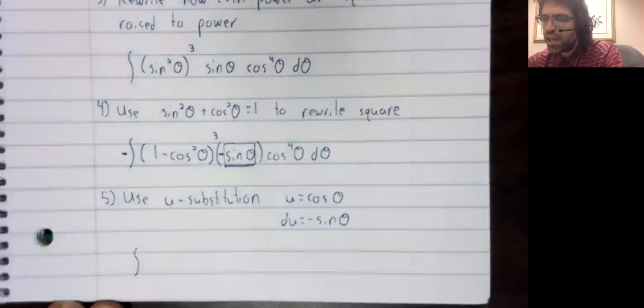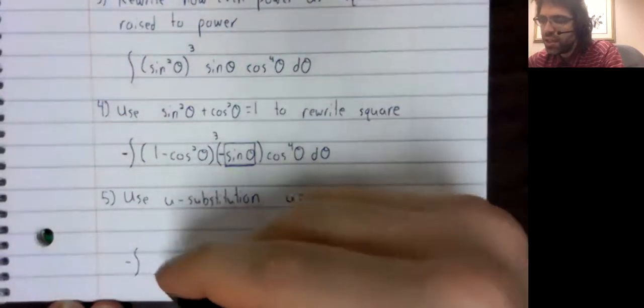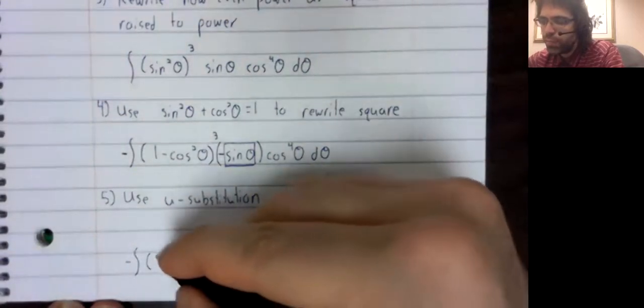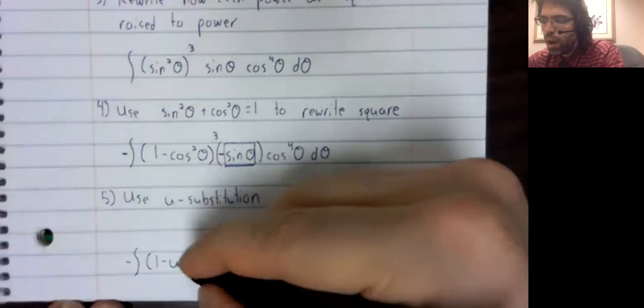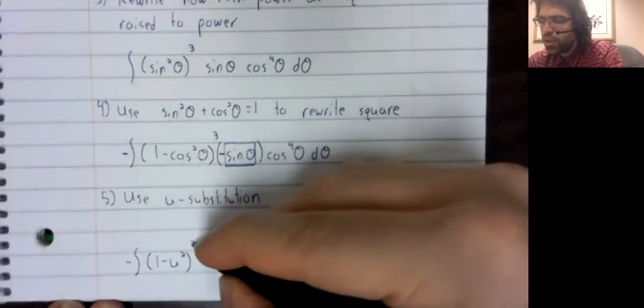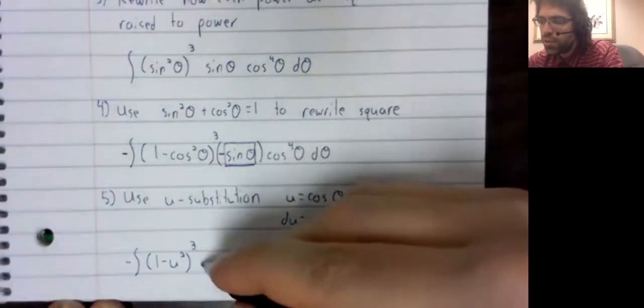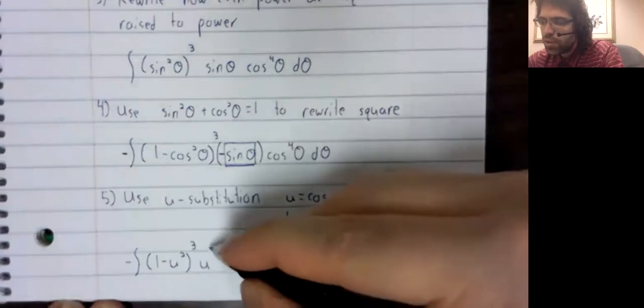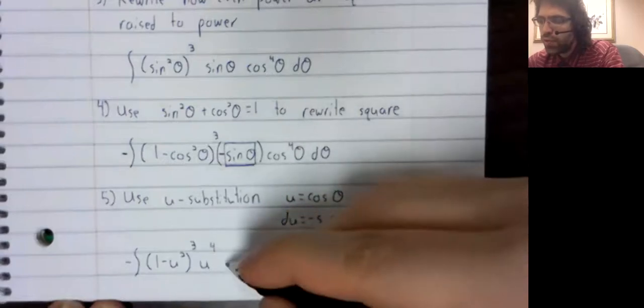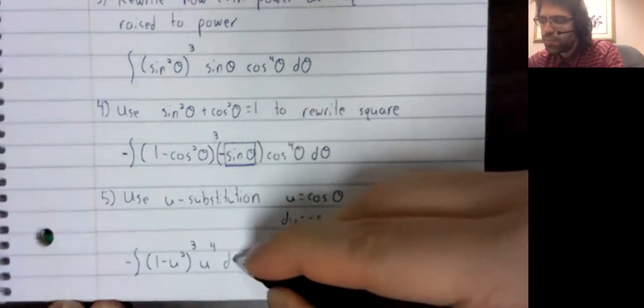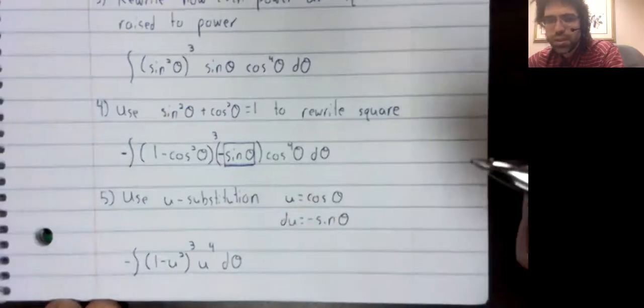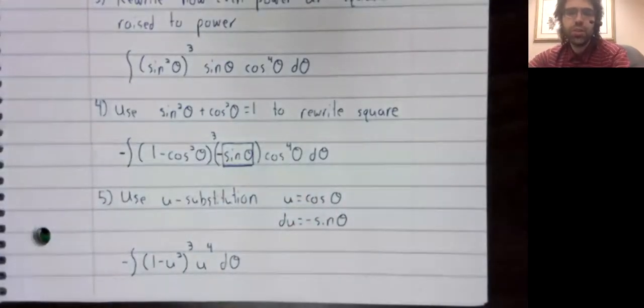And this then is negative the integral of 1 minus u squared cubed times u to the 4th du.